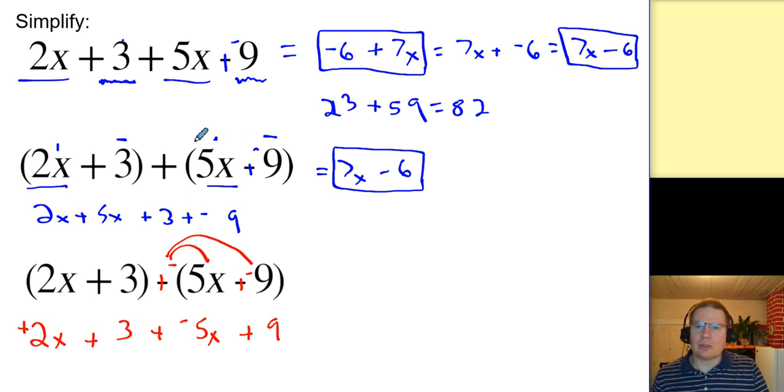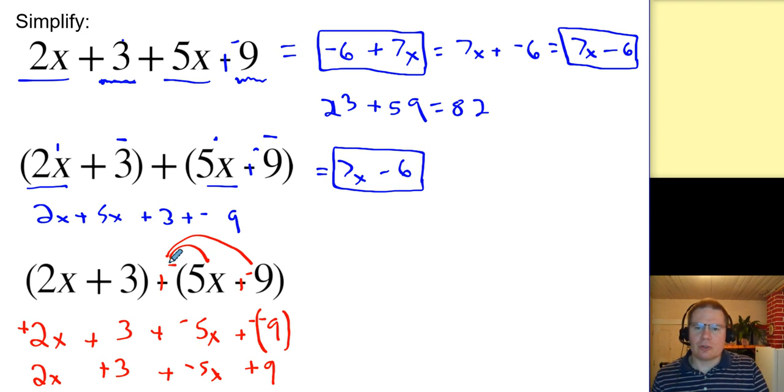And then I could say plus the opposite of -9. But it's kind of annoying to have to rewrite everything. 2x plus 3 plus -5x, just to rewrite this minus negative as plus.